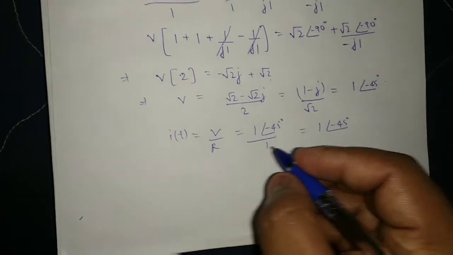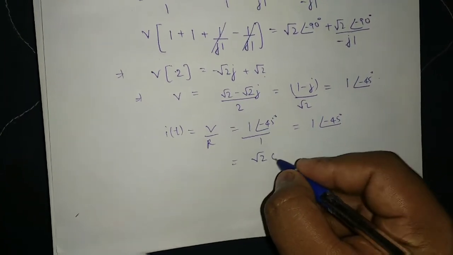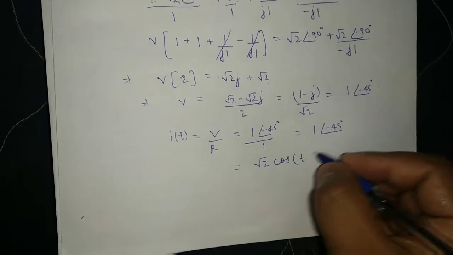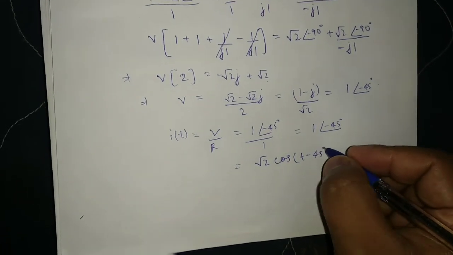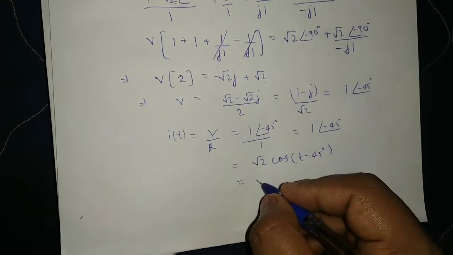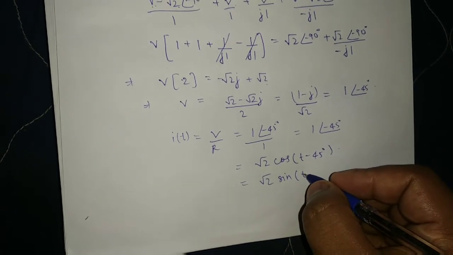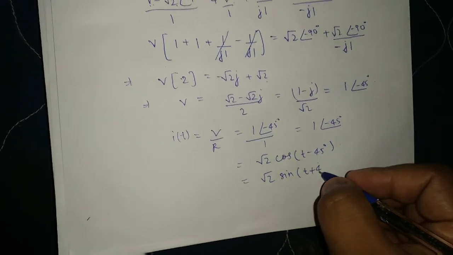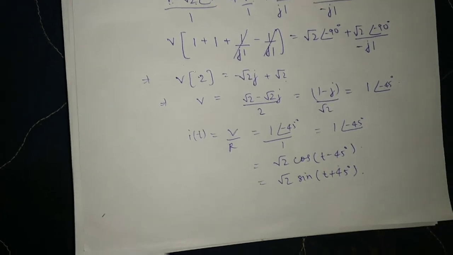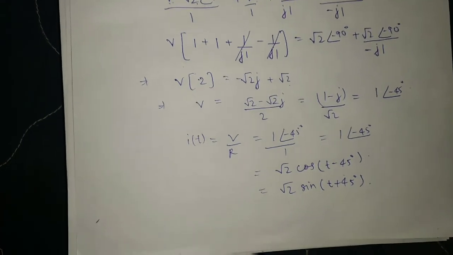Convert it into sine form, so root 2 cos t minus 45, and in sine form plus 90, so this is the I of t. Thank you.